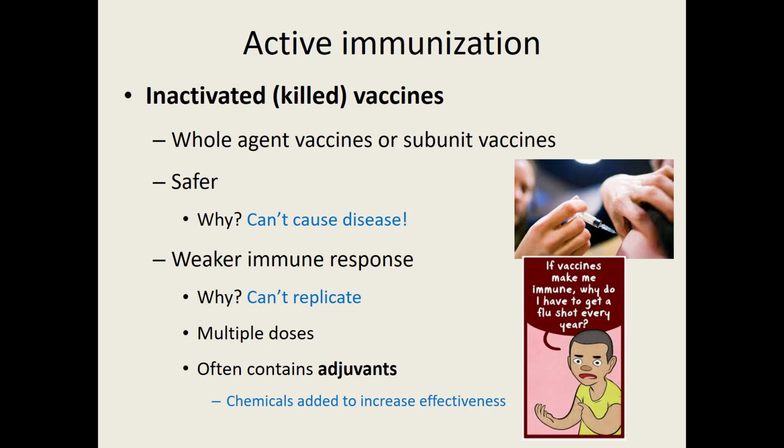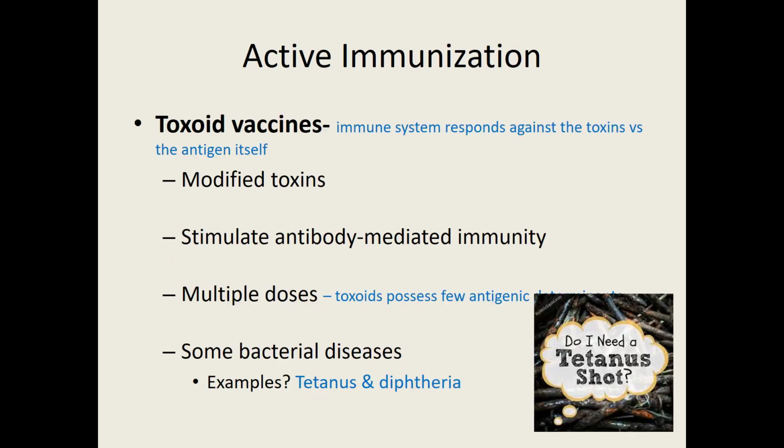And then another type of vaccine, still all active immunization, is called toxoid vaccines. A lot of times it's not the pathogen that becomes a problem, it's the fact that some of these pathogens can make toxins. And so we can mount an immune response against the toxins instead of the actual pathogen itself, because the bacteria, it's usually a bacteria, is not an issue. The toxins the bacteria make become a deadly issue.